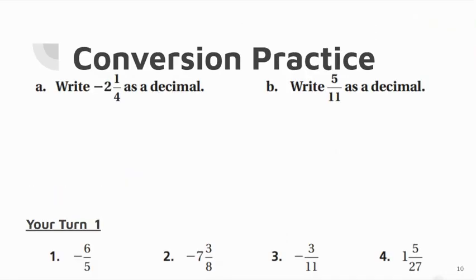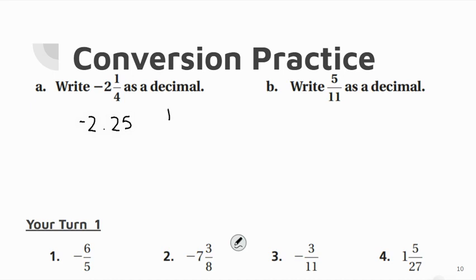Moving on, we are going to write rational numbers as decimals. First we're going to take a fraction and turn it into a decimal. Right here, in your calculator, you can just put in -2, ABC 1, ABC 4, and you're going to get out 0.25, so -2.25.